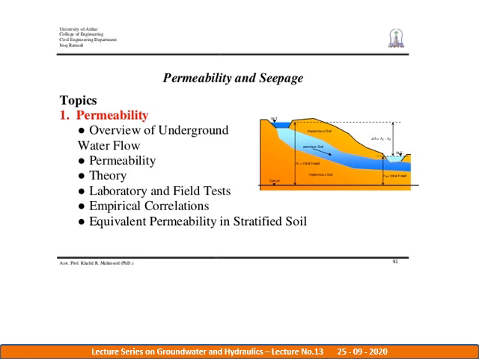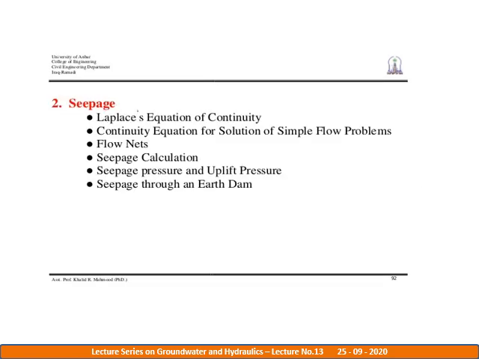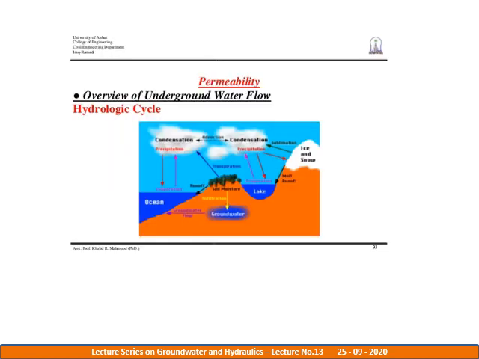We can take one example as a laboratory test, then empirical correlation, and equivalent permeability of stratified soil. So what is seepage? In seepage we will understand flow nets, seepage calculation, seepage pressure and uplift pressure, and seepage through an earthen dam.